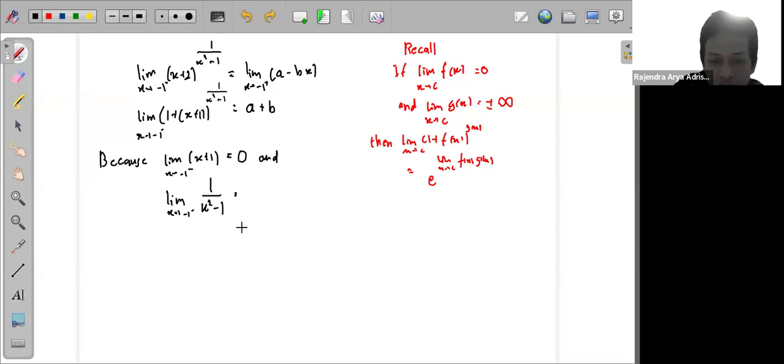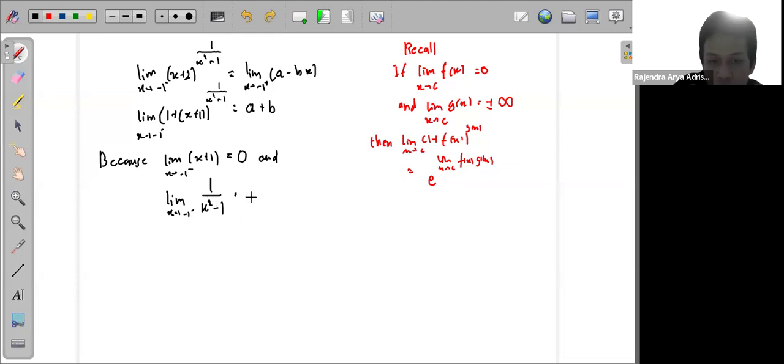Let's say when it's -1.1, we square it, we have this, subtracted by 1, we have this, right? And when you do it again and again, as x gets nearer to -1, the number here will be bigger and bigger.